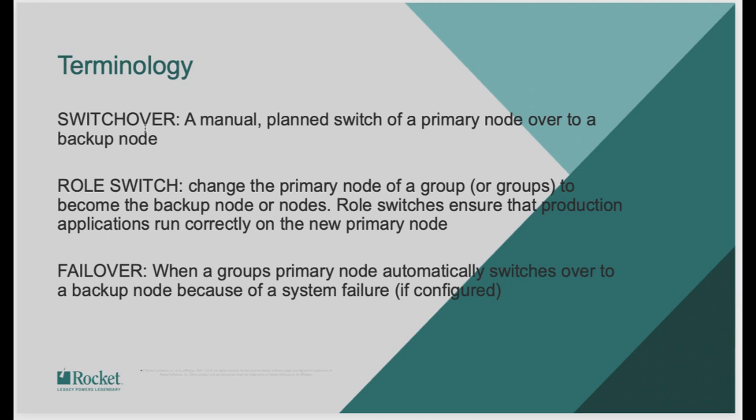The term that we see out there, role switch, is when we refer to changing the group or groups that we've got set up in replication to swap the roles of those groups, or that single group that we want to run for switch test. We're not looking at failover specifically. That's where we've got a system failure of sorts.